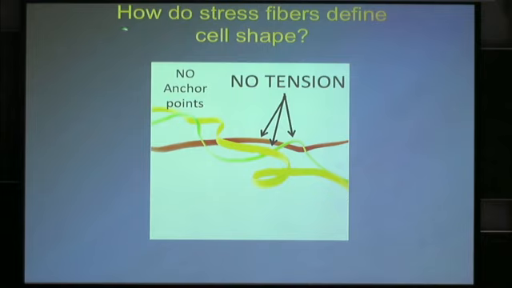But how do those stress fibers, those anti-parallel filaments that are just pulled together, define cell shape? Because if you have a rubber band without any anchor points, you won't have any tension, and you won't be able to define any structure or any cell morphology.